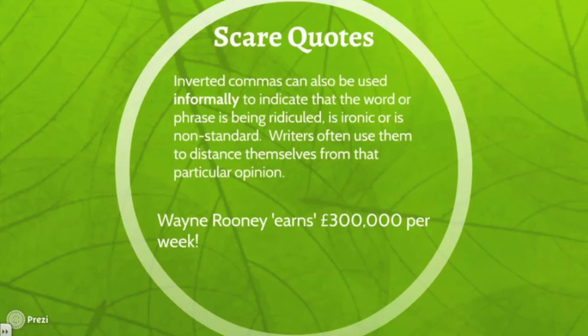So maybe they feel that actually he doesn't really work very hard for that money every week. So we can use inverted commas to show that we're being ironic, or that sometimes a word is non-standard, or that we're ridiculing what it says. So like I said, you don't use them that often, but they can be used to indicate those things.